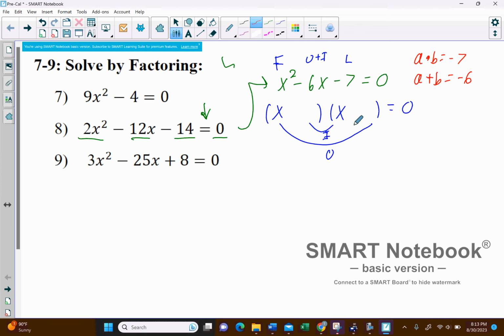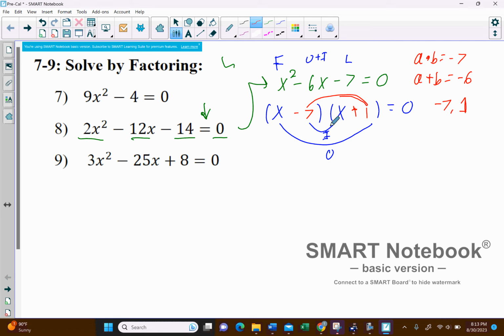Two numbers that will multiply together to give me negative 7, but when they get added together from the O and the I part of FOIL, will add up to negative 6. And so those magic numbers are going to end up being a negative 7 and a positive 1. So I need to put a minus 7 here and a plus 1 here. Now I could do vice versa. I could have put the plus 1 first and then the minus 7.